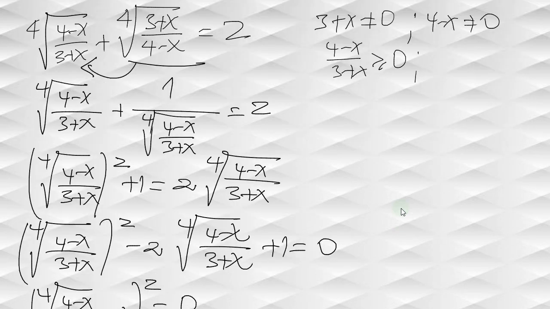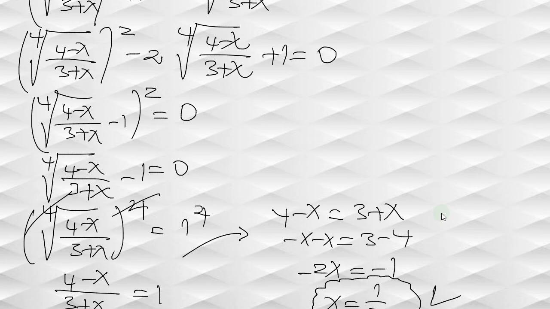Now let's go to the second method. So let me rewrite our equation here, which is the 4th root of 4 minus x over 3 plus x, and then plus the 4th root of 3 plus x over 4 minus x, and then this whole thing is equal to 2.